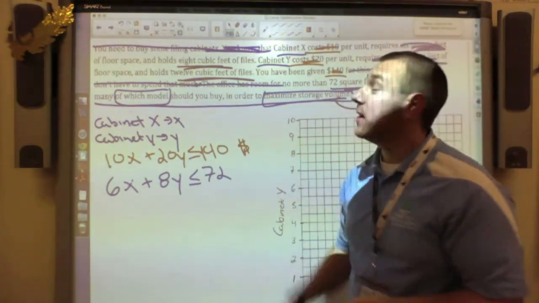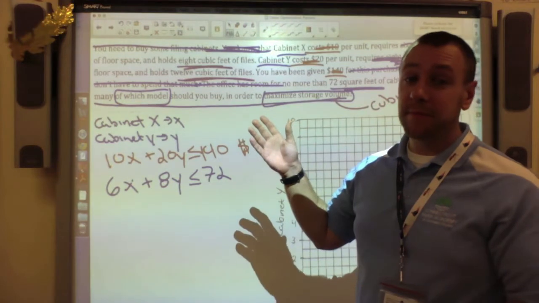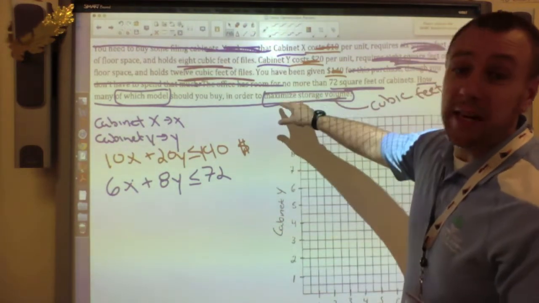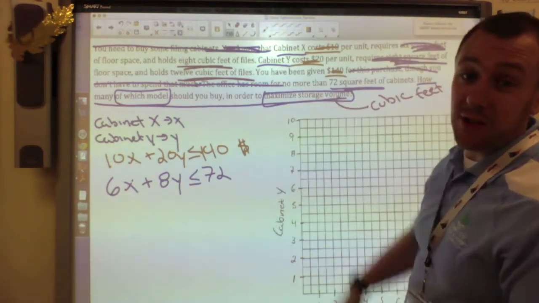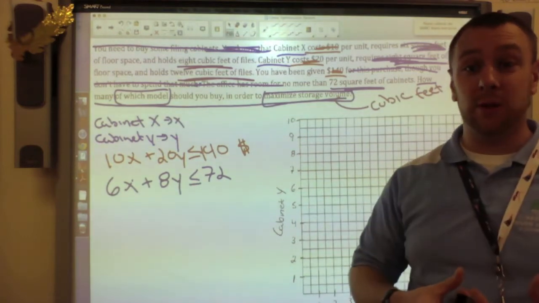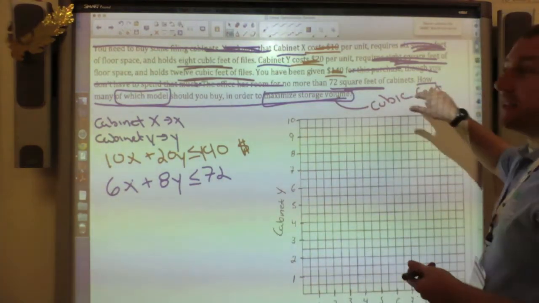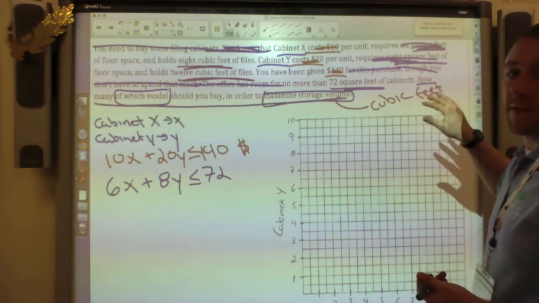And guess what? Those cubic feet, we're trying to maximize it. So you know that profit and cost equation? That is coming from my cubic feet.